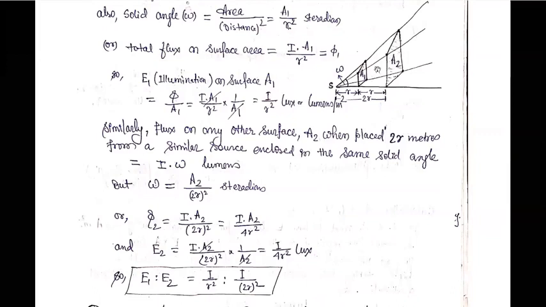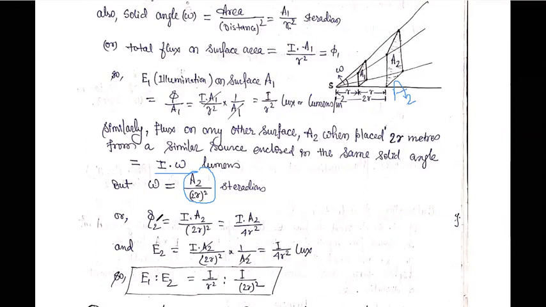I into omega, where the value of omega is area of this surface, that is A2, divided by the distance of that surface from the point source, the square of that distance, that is A2 divided by 2R square. This is omega for area A, for the surface 2 having area A2.